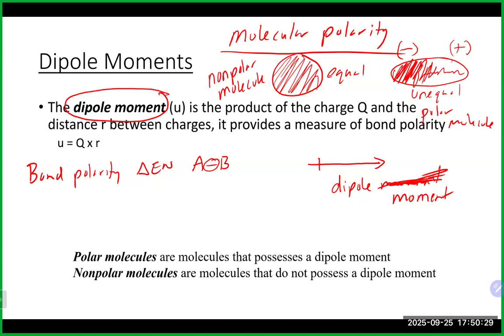What we had earlier was the arrow would point to the more negative side of the bond, and the back end here would be to the more positive side of the bond. In the case of a dipole moment, the arrow points to the more negative side of the molecule, and the back part here is to the more positive side of the molecule. So we definitely do use the same sort of arrow to represent bond polarity and molecular polarity and the dipole moment.